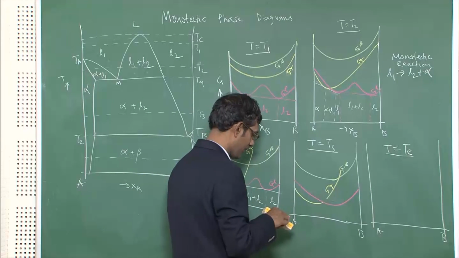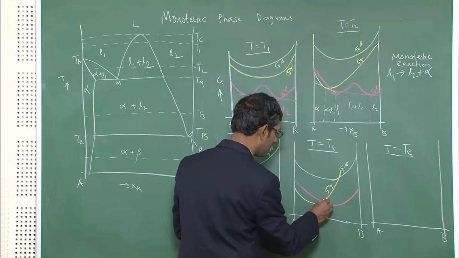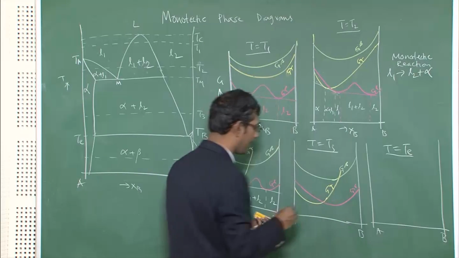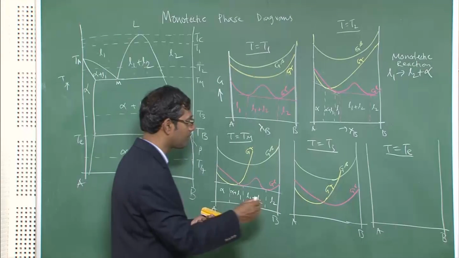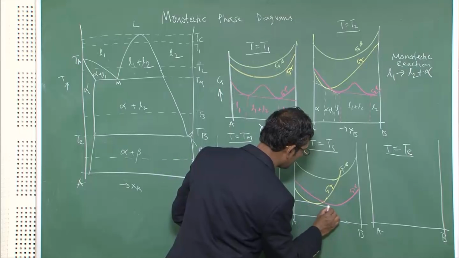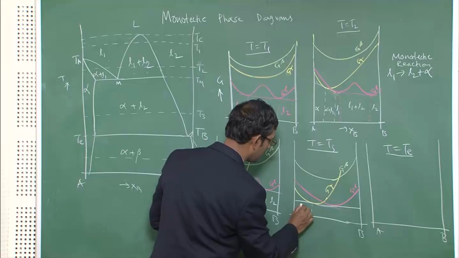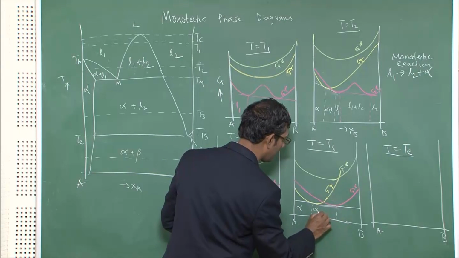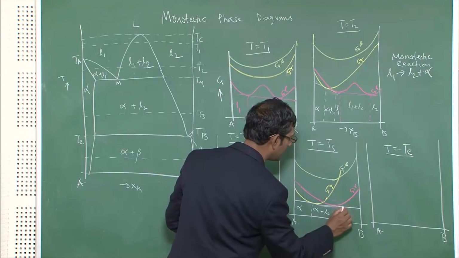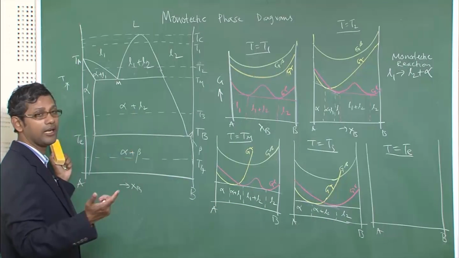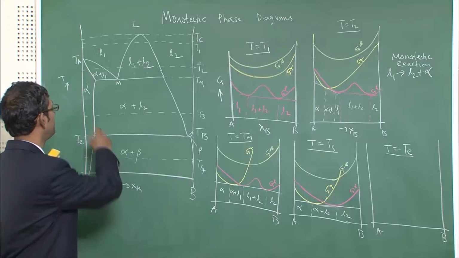As you see, there is a crossover between the liquid and alpha curves, and this requires you to draw a common tangent between them. This is alpha plus liquid L2, and this is L2, because at this temperature L1 is not at all stable at T3.